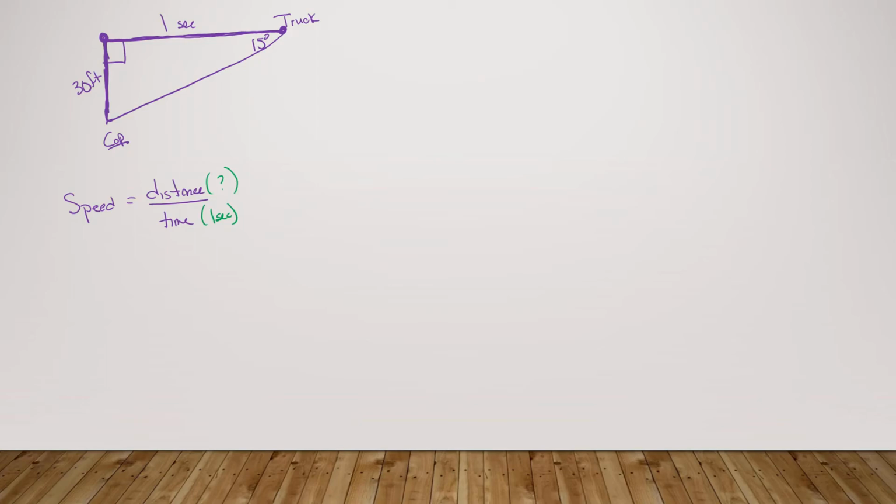All right, so here's the deal. This is what I'm looking for. I'm actually looking for this distance. Once again, here's my angle. This is opposite the 30 feet. My distance, which I don't know, is the adjacent side, isn't it? Once again, what are we using?